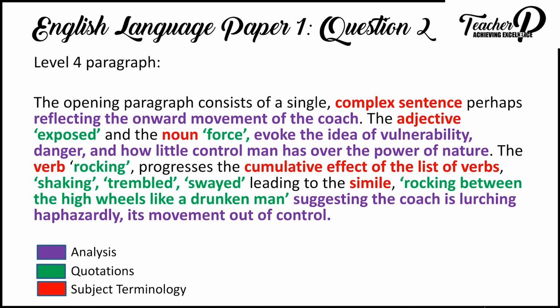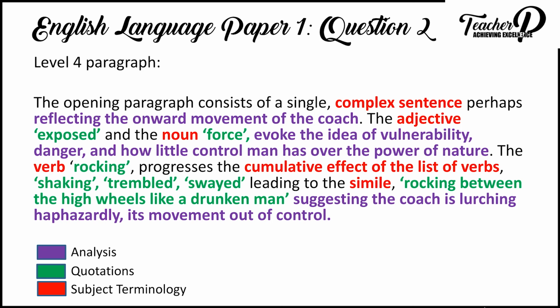So why did this get a level 4? As you can see, they analyse the effects of the writer's choices, so they're explaining why the writer has used the noun or the verb or the complex sentence or the simile. They've also selected a judicious range of textual detail, so you can see there that they have quoted short phrases and singular words, as well as used a range of different quotations in their answer.